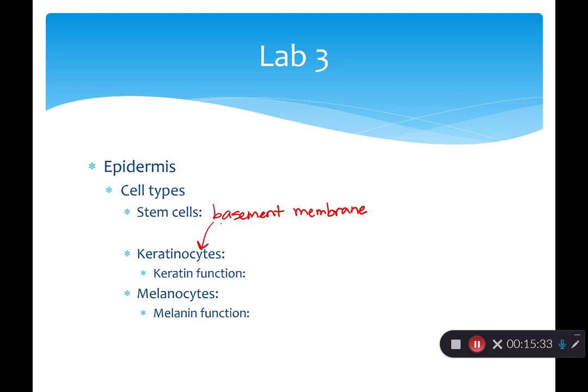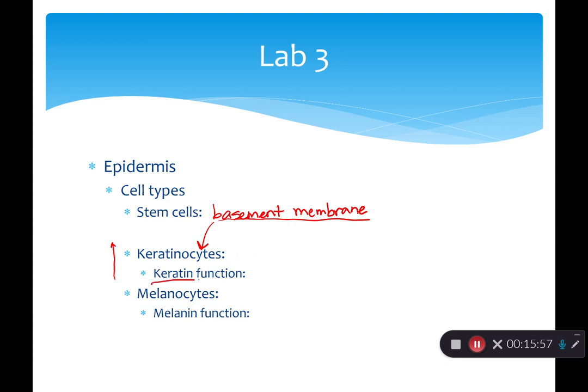So stem cells are unique because they have the ability to become different types of cells. In this case, when a stem cell divides, you get another stem cell and you get a keratinocyte. Stem cells are going to stay on the basement membrane, while the keratinocytes are going to migrate through the layers of the epidermis towards the top.